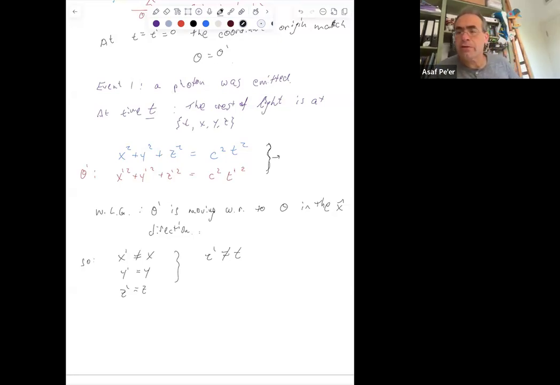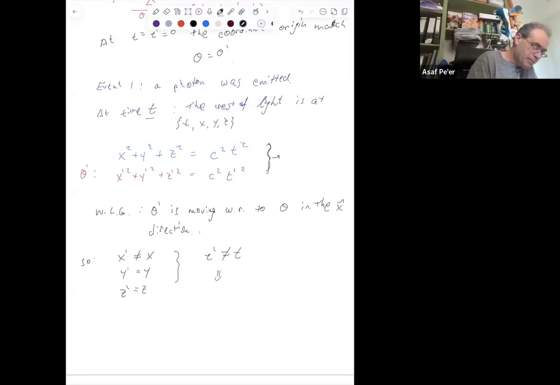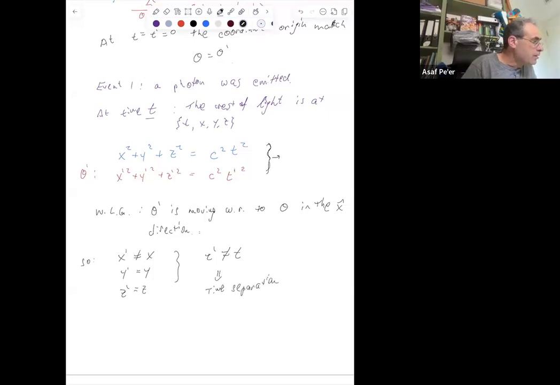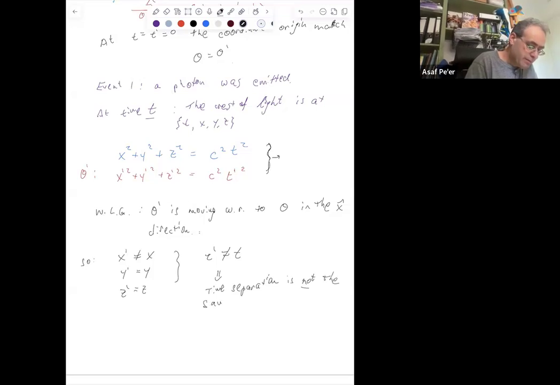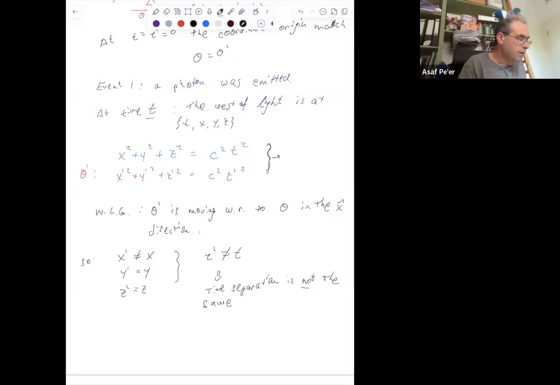So the inevitable conclusion that we have here is that time separation is not the same in both frames.